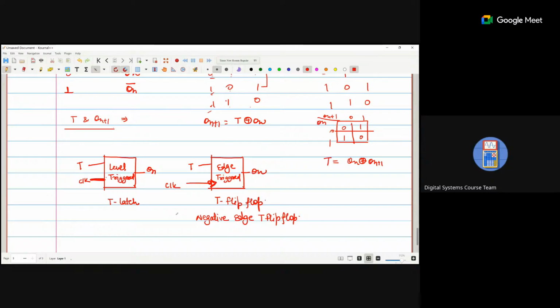If we are not using a bubble, it is positive. Similarly here, it is a positive level T latch. If I use the bubble, it is the negative level T latch.